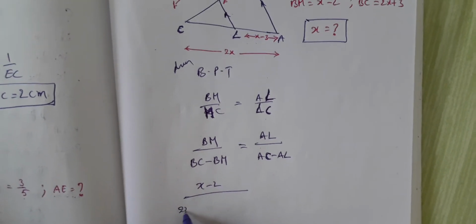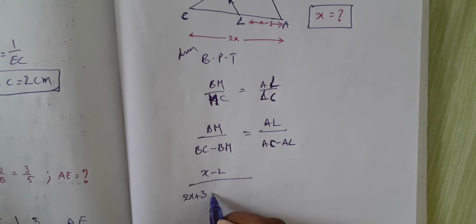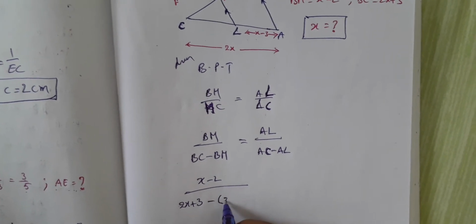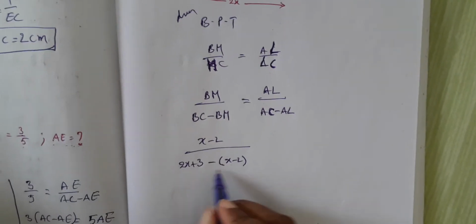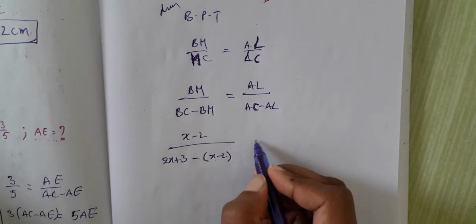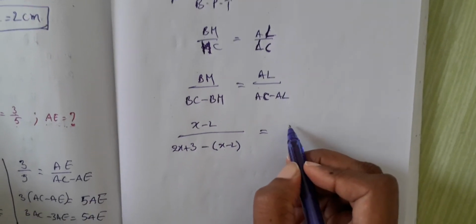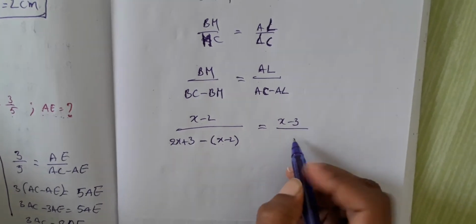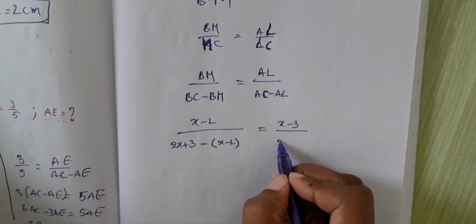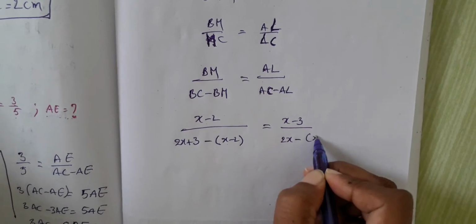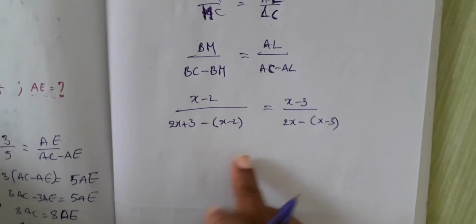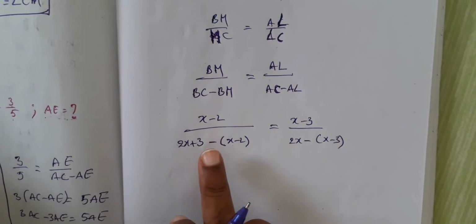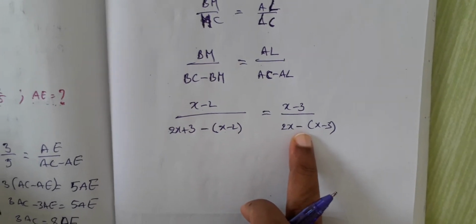BC is 2x plus 3, now minus of x minus 2. Please children, don't neglect these brackets. Now AL is x minus 3 by AC minus AL, that is 2x minus of x minus 3. Please keep in mind why I am saying minus of.